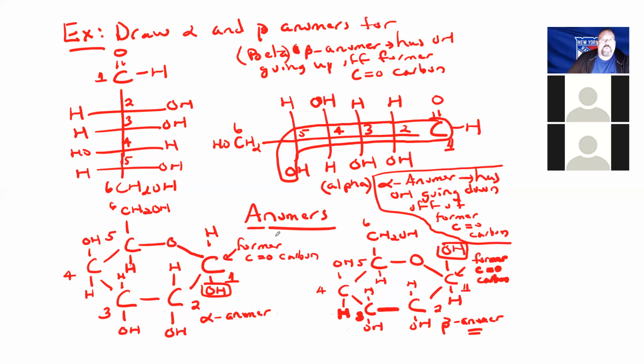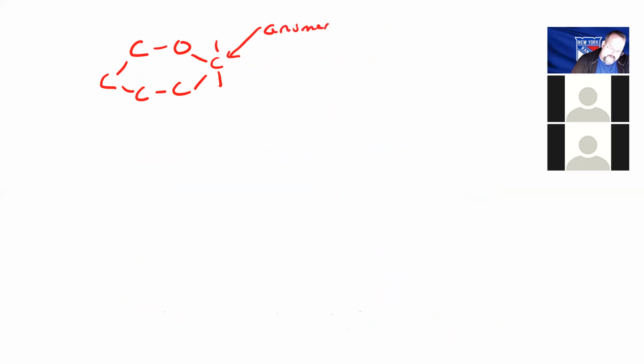Yes. So one of the things that we'll talk a little bit about next time is that when you look at a ring structure, whether it's a 5-atom ring or a 6-atom ring, the carbon to the right of the oxygen is what is known as essentially the anomeric carbon. Because when these rings form, that's the carbon that has the new OH group attached to it.